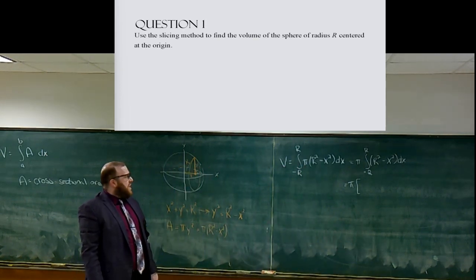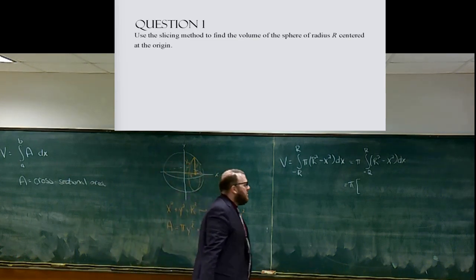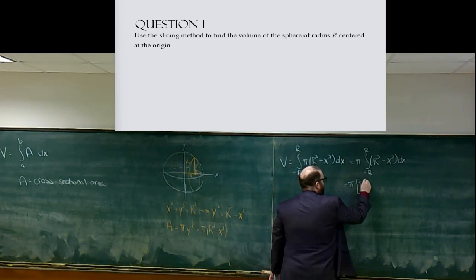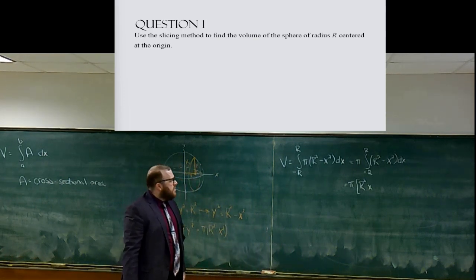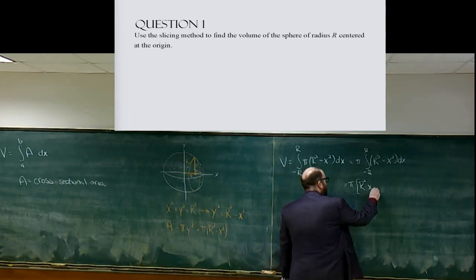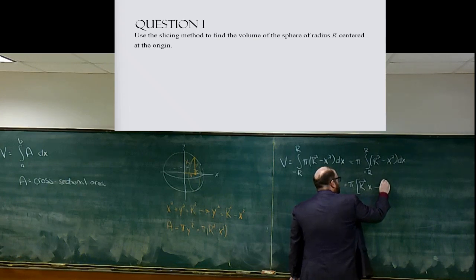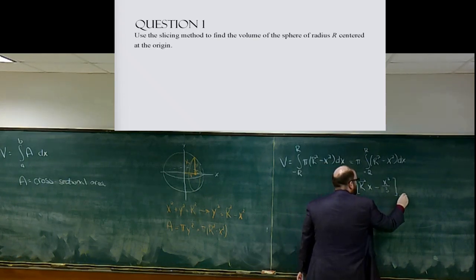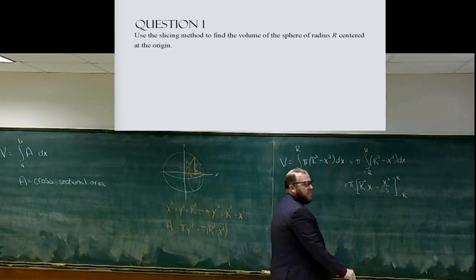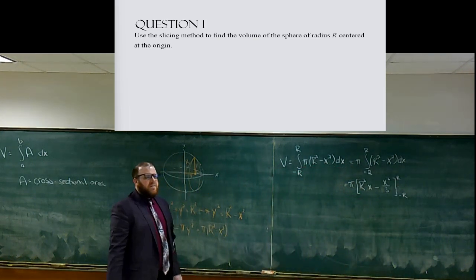Well, big R squared is a constant, right? Antiderivative of x squared is x cubed over 3.